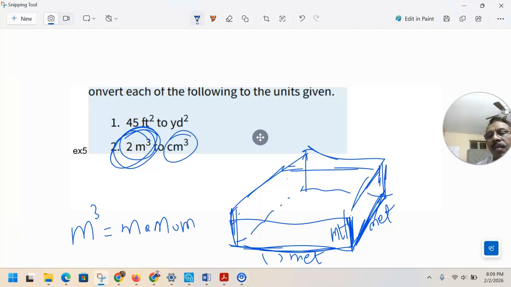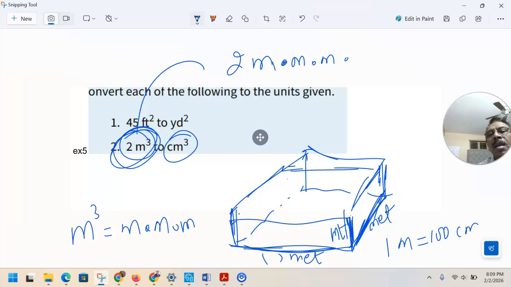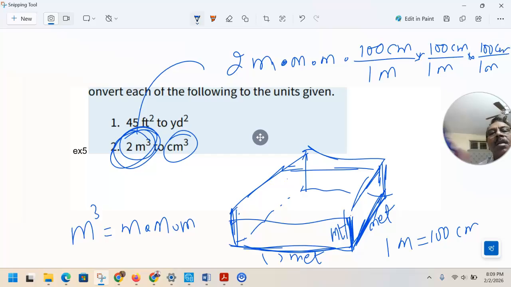So all you do is 1 meter is 100 centimeter. So I'll start with 2 meter cube. 2 meter cube is 2 meter, meter, meter. And then every 1 meter, you write down 100 centimeter. Again, one more meter, you write down 100 centimeter. Again, you multiply 1 meter is 100 centimeter. So we can cross out each meter with the one below.